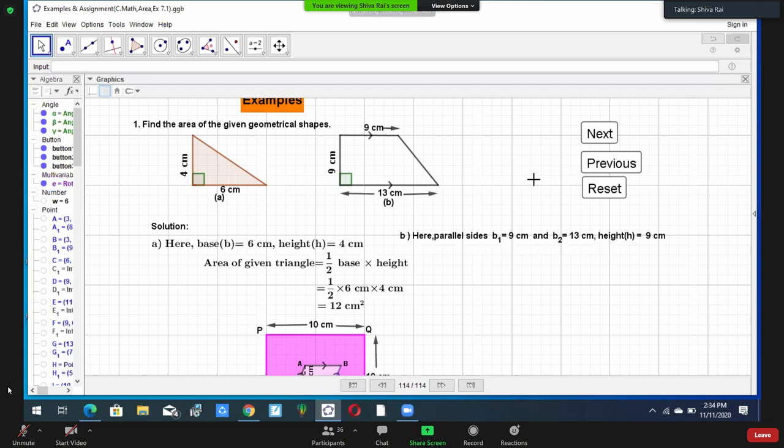So you look here, since the given figure is trapezium, we have to use the formula of trapezium to find the area of that given figure. Already you know what's the formula to find the area of trapezium? Remembering? Half H into B1 plus B2. Half H, don't forget.